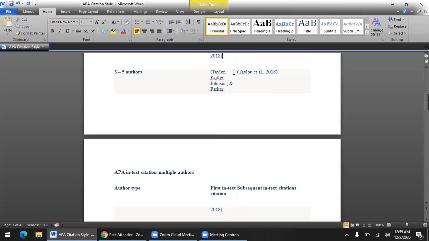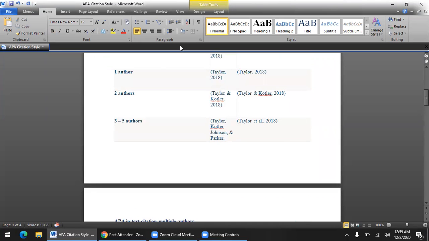If you write the work of three or more authors in the subsequent citations, write Taylor et al. followed by a dot, or period, then followed by a comma, then year of publication, 2019.